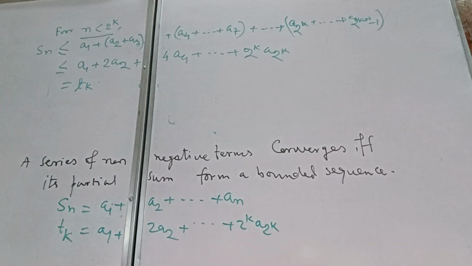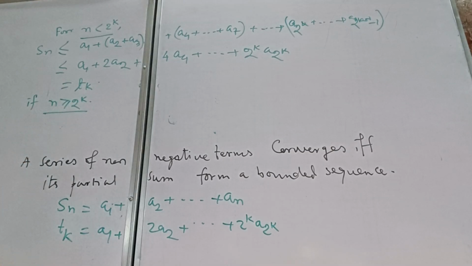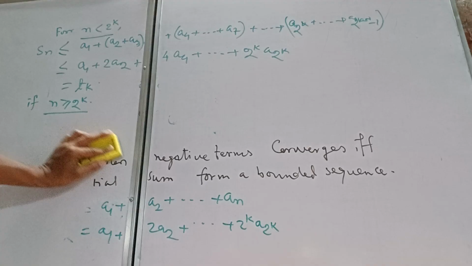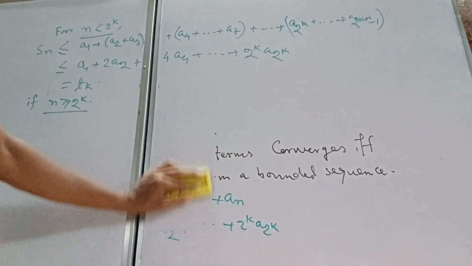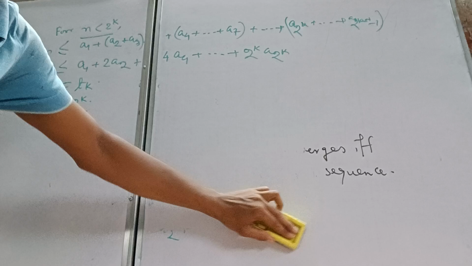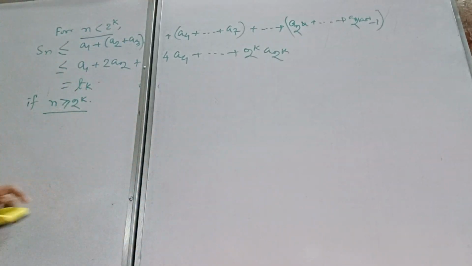Now in the other case, if n is greater than or equal to 2 to the power k, then what happens? We erase the lower portion also. Now I'm going on to further discussion.